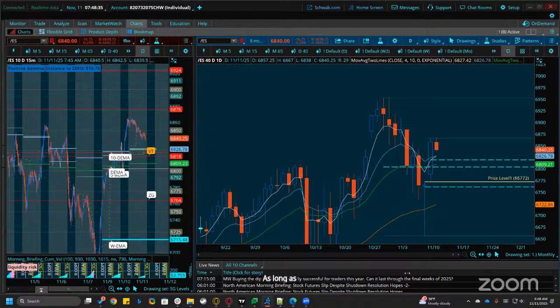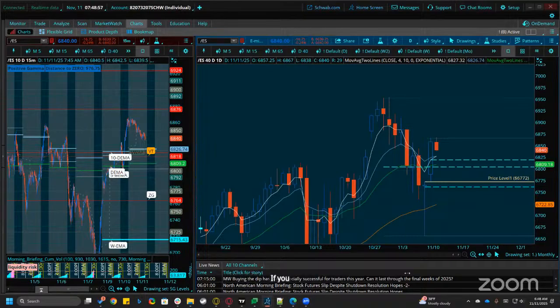As long as we're on the top end of all of those 50s that we just marked out, I'm not bearish. Not bearish doesn't necessarily mean bullish. But I don't see anything bearish in this.